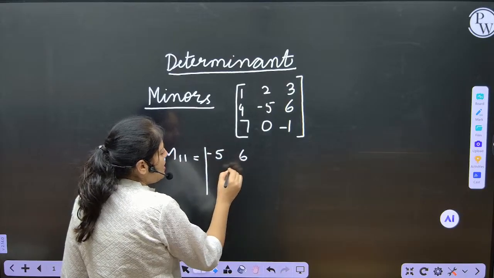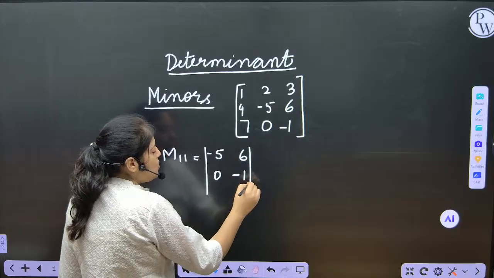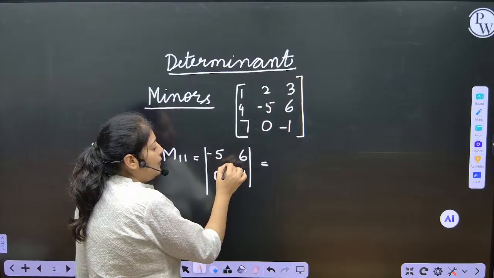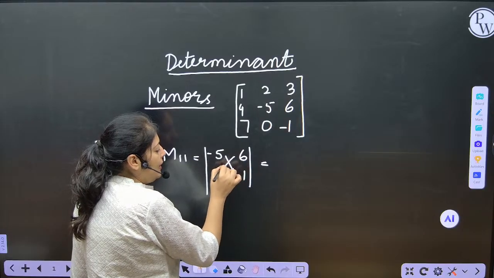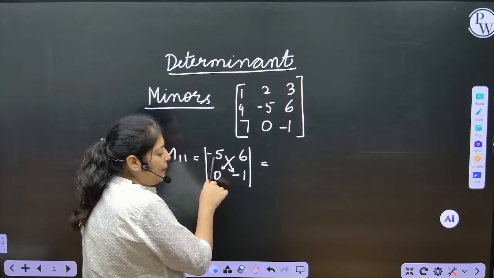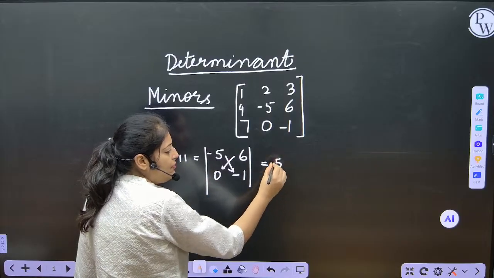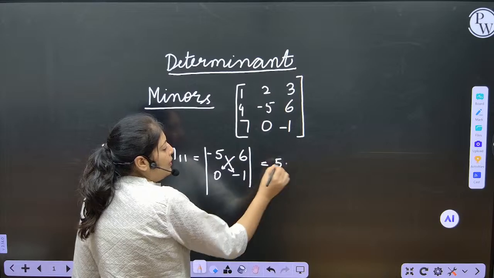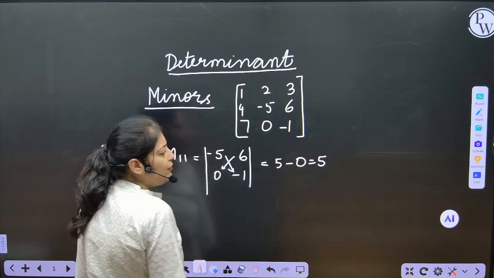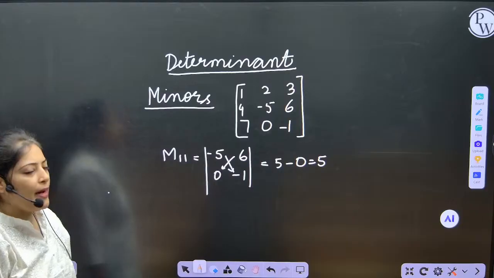Diagonally multiply and subtract. Minus 5 ones are minus, minus minus will become positive. 6 zeros are 0. So the answer is nothing but 5. This is my M11.